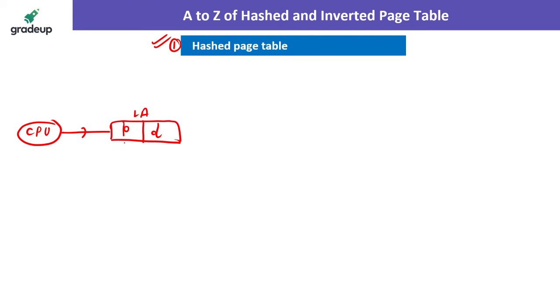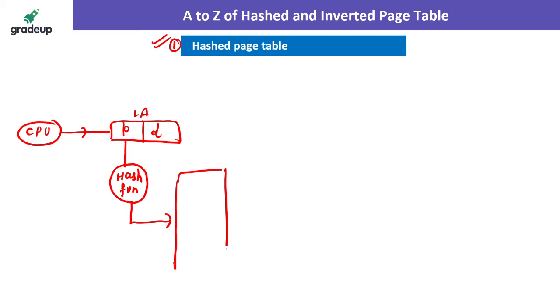Now on this page number we will use a hash function, and with the help of the hash function we will get one value, and then we have to search this value in my page table. Please remember, this is my hashed page table.